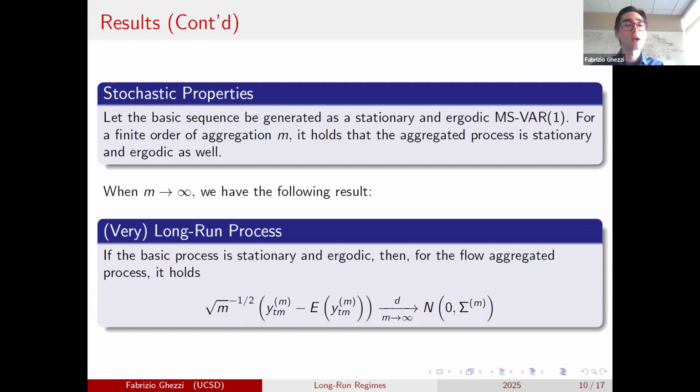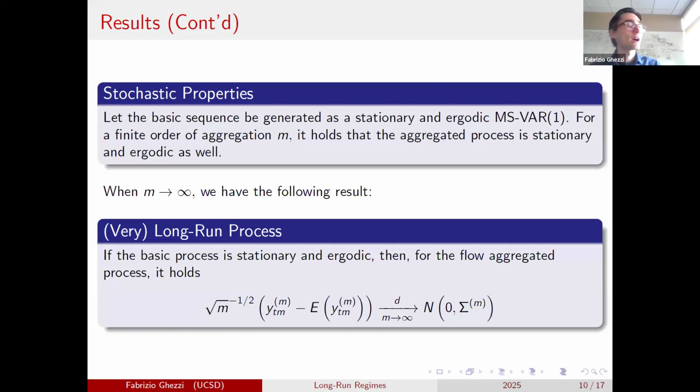We want to know what happens to the stochastic properties, because you might still be in the same class of models, but the stochastic properties change, or for example, the nature of the regime, as will actually be the case, changes. So these are all things that we need to ensure and shed light on.